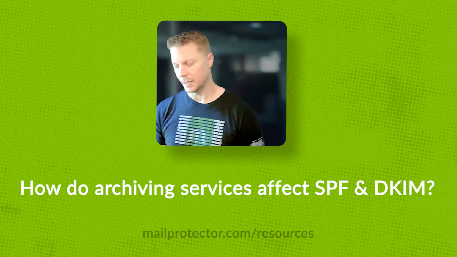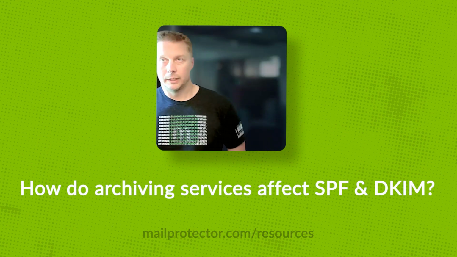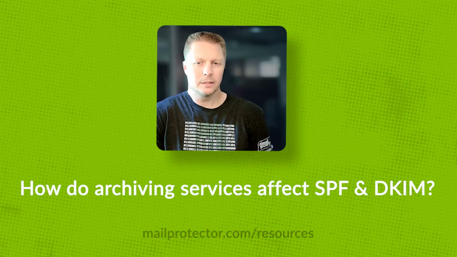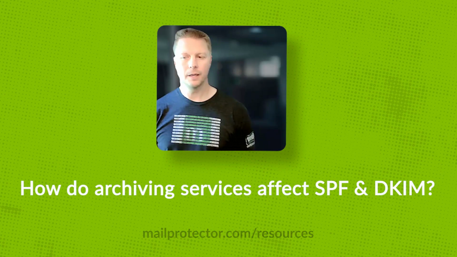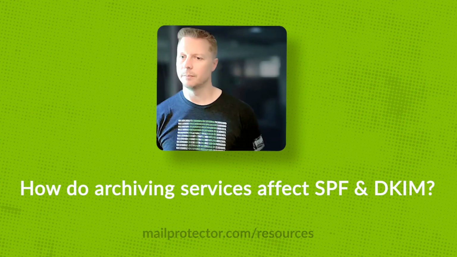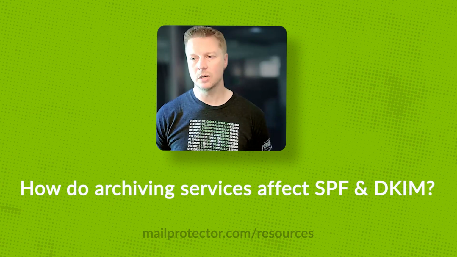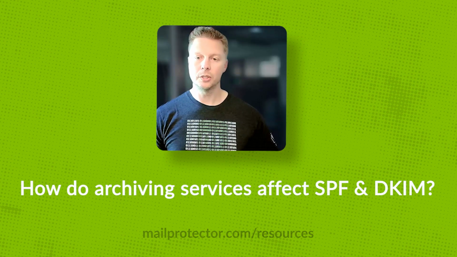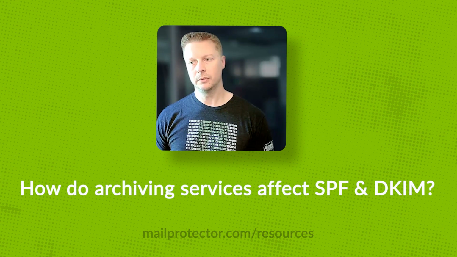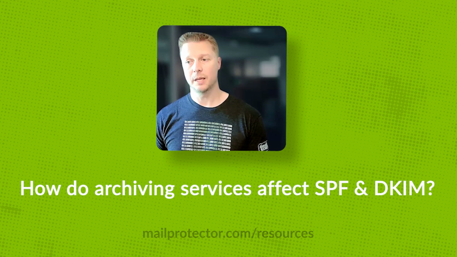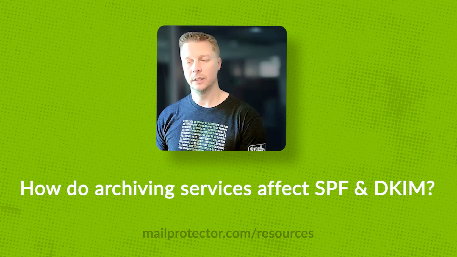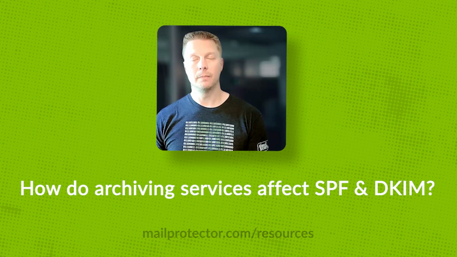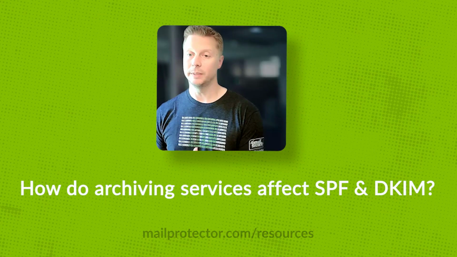Yep, great question. So it kind of depends on the archive solution, but I'll focus on the method that is used most often, and it's called journaling. So when you have an archive that uses journaling, when a message comes through, if it passes SPF and DKIM and it's going to be delivered, then in most cases that email will also be journaled.